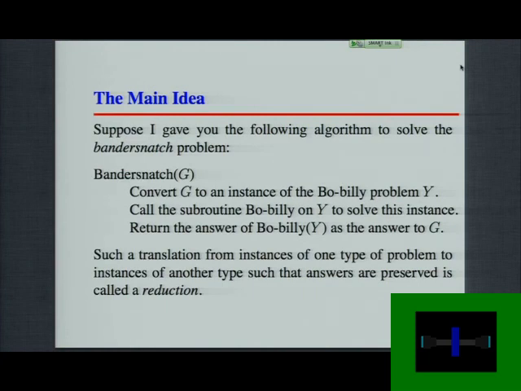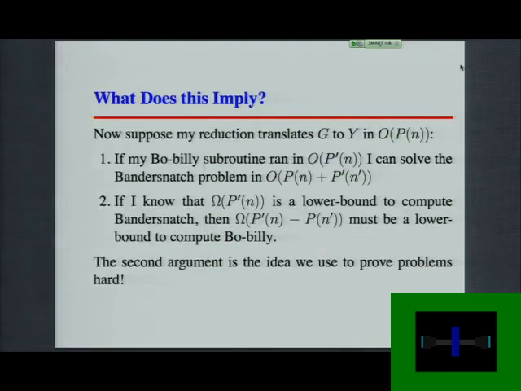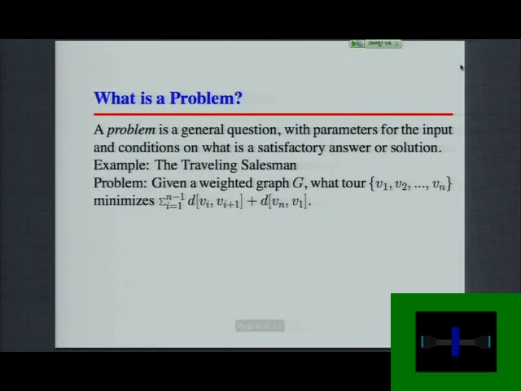But that translation is something I can define and convince you is correct. Any questions here? Again, that will be clear once we start to do these kinds of reductions. Any questions about philosophy? Okay, so let's talk a little bit more. Let's get into a couple of definitions here, just to make sure we understand that we're talking about the same thing.